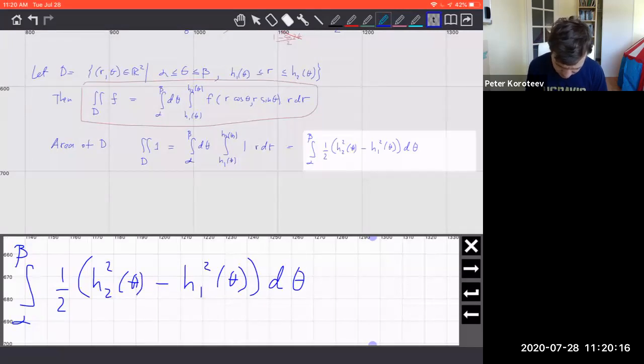Since the function is trivial, we can do the integral over r, and that will give us the area.